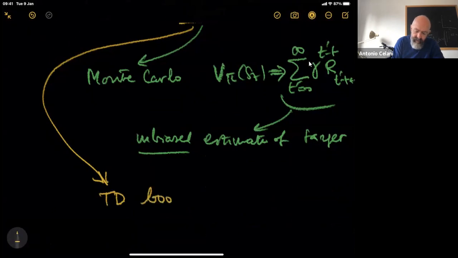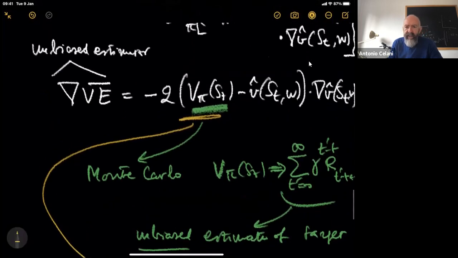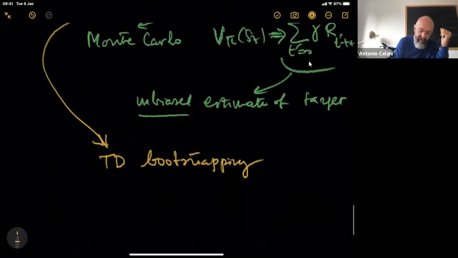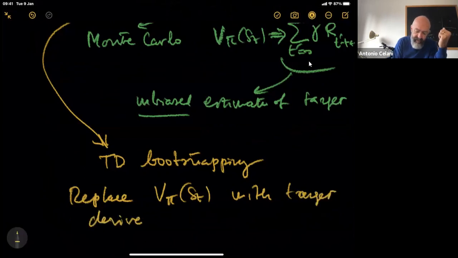It's called the operation of bootstrapping. You don't know what the target is, so you replace the target with a new object derived from your approximation.